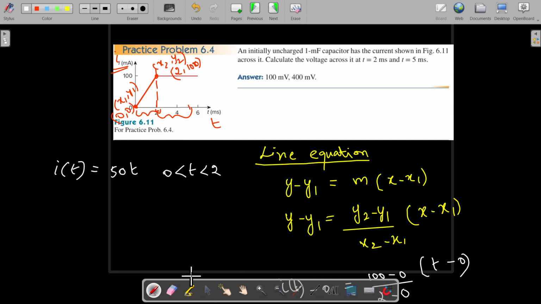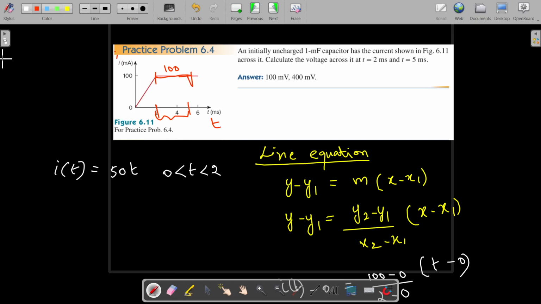And then the same line equation can be applied for the second portion. What's the second portion here? The second portion is from 2 to 5. If you look at this, you have the constant value up to this, right? It is nothing but this 100. I of t value is 100, isn't it?